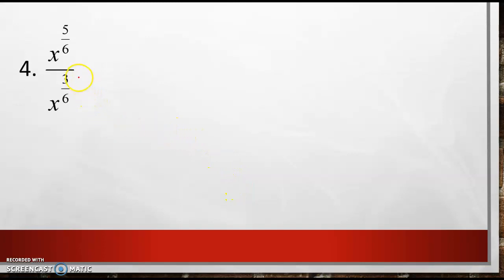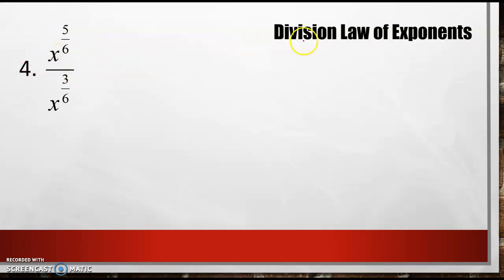Next example, number 4. In this part, you can see that there is a vinculum, so there is a fraction form. So you already have the clue that this type of expression uses the division rule of the laws of exponents, right? When you divide powers, you subtract the exponents. So 5/6 minus 3/6.